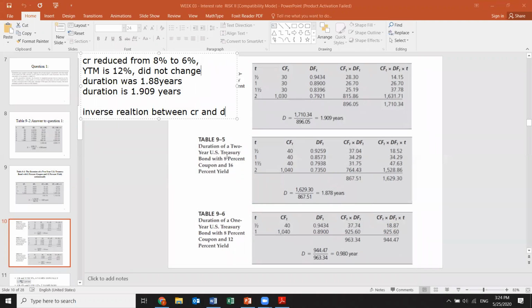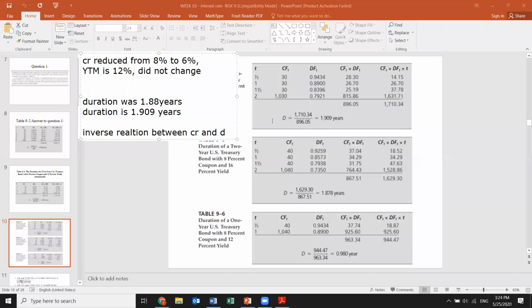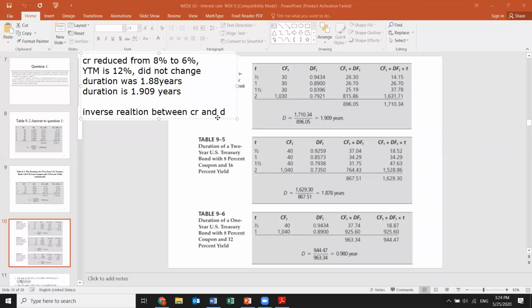Treasury bond with 8%, we're assuming it's the same as it was before. But what changes is only the YTM.